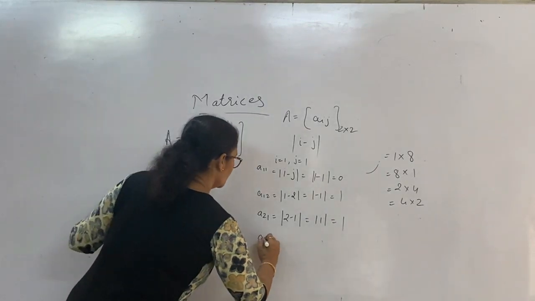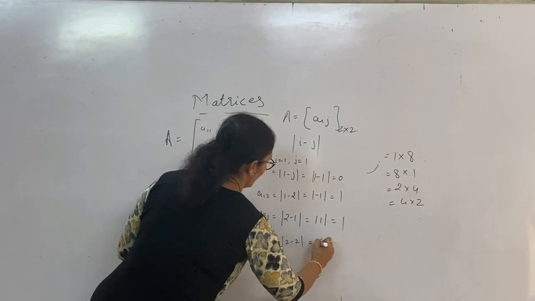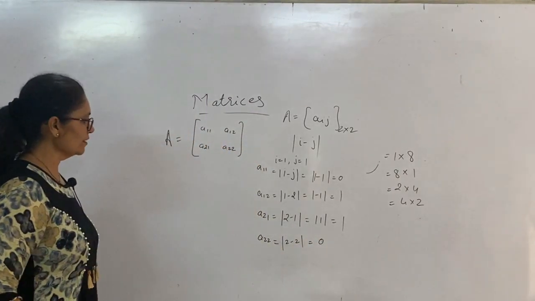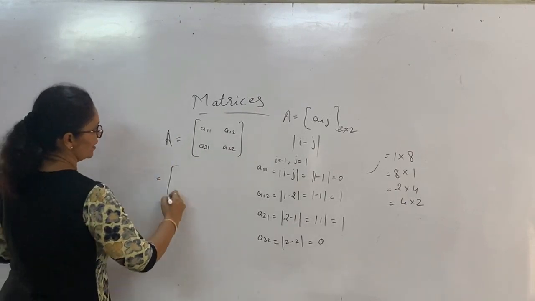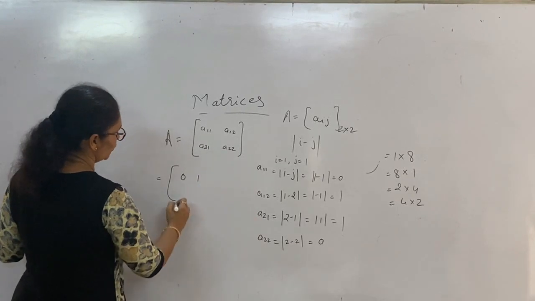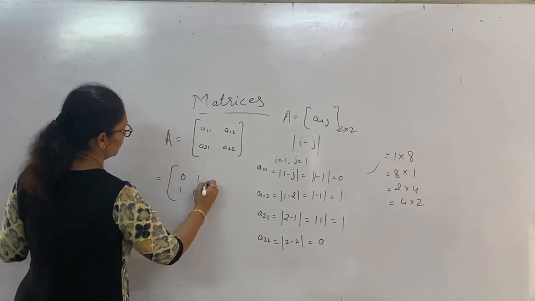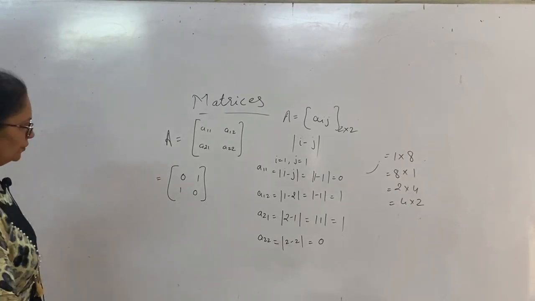Now a22: 2 minus 2 will be 0. What is your answer for this matrix? a11 is 0, a12 is 1, a21 is 1 and a22 is 0. So our matrix is 0, 1, 1, 0.